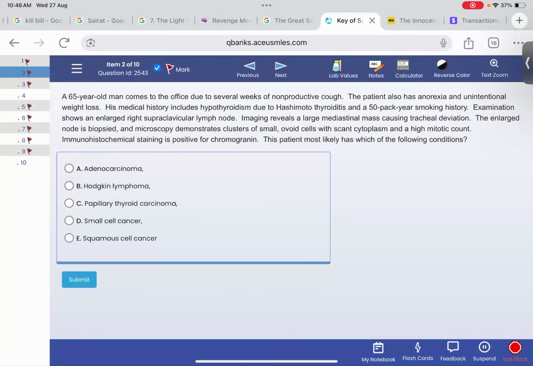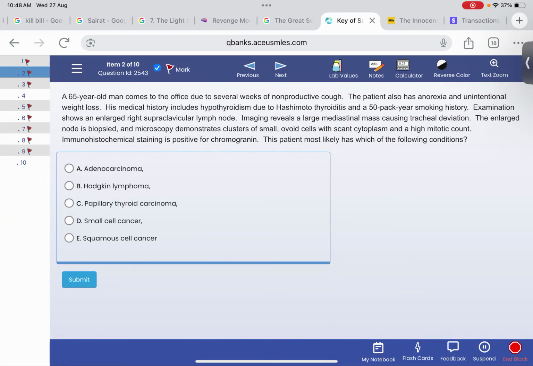Anyone? Okay, I can do it. A 65-year-old man comes to the office due to several weeks of nonproductive cough. The patient also has anorexia and unintentional weight loss. His medical history includes hypothyroidism due to Hashimoto thyroiditis and a 50-pack-year smoking history.